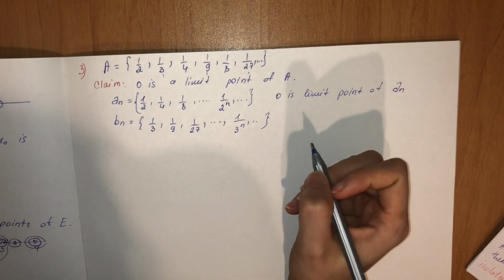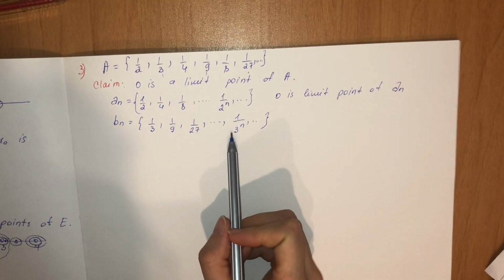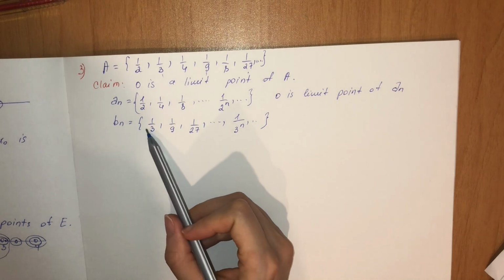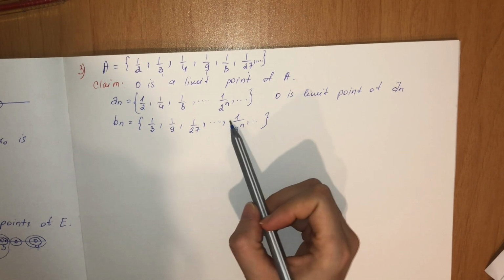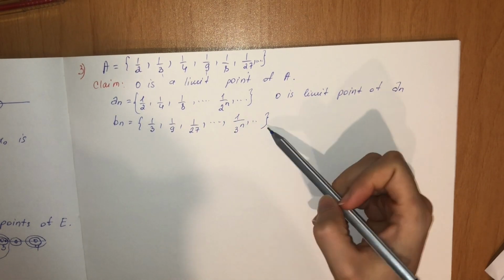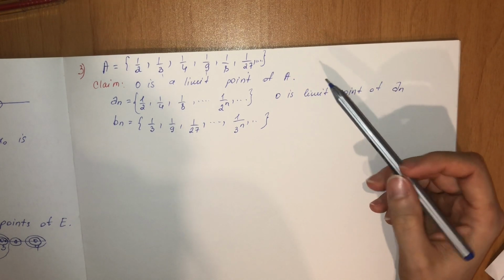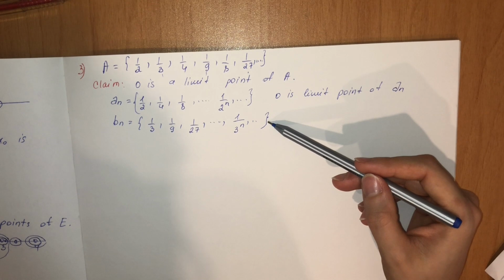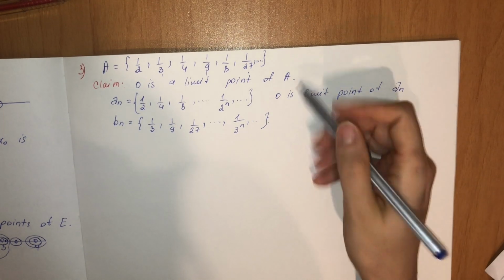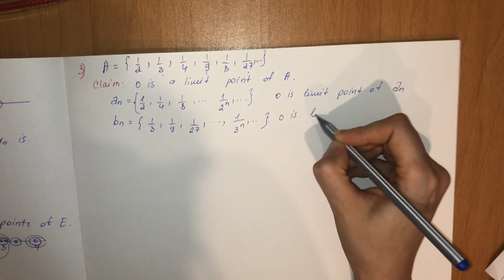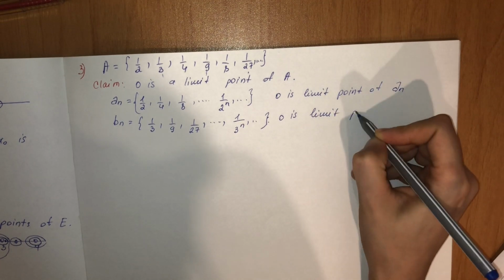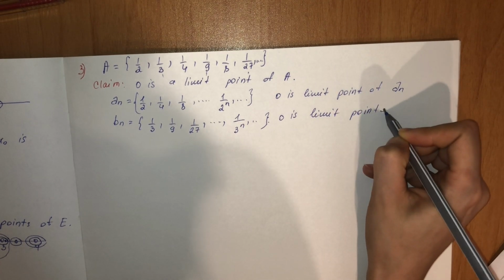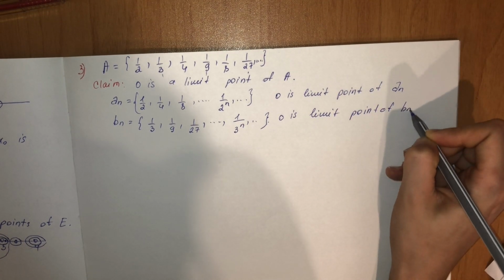As is clearly seen, this sequence also shrinks, gets less and less, and it converges to 0, but it never becomes 0. So 0 is a limit point of bn.